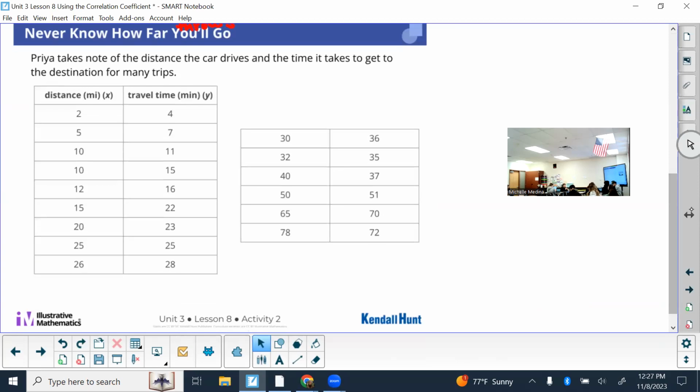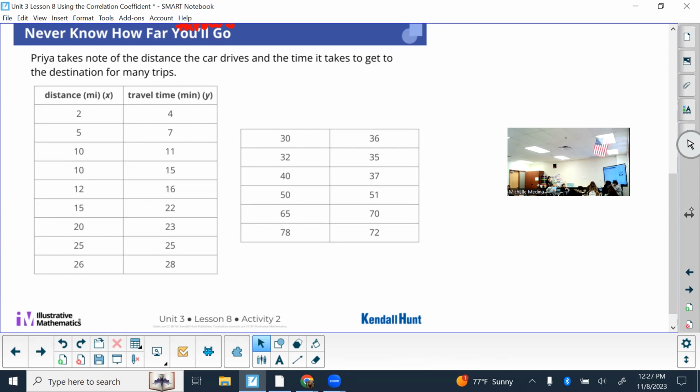So again, today is using the correlation coefficient. What we are going to do now is take this set of data. Priya takes notes for the distance the car drives and the time it takes to get to the destination for many trips.